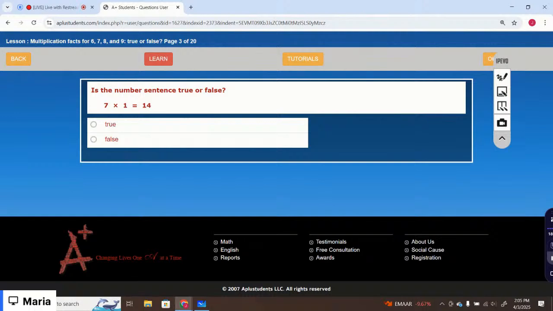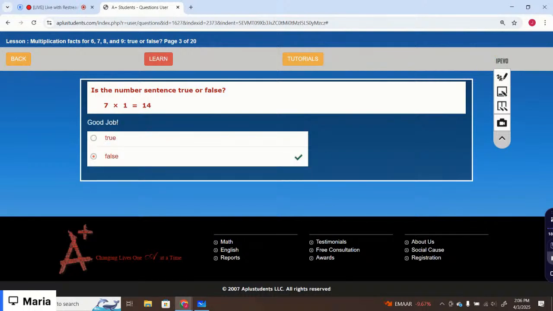Is the number sentence true or false? 7 times 1 equals 14. False it is. 7 times 1 is not 14. 7 times 1 is 7.